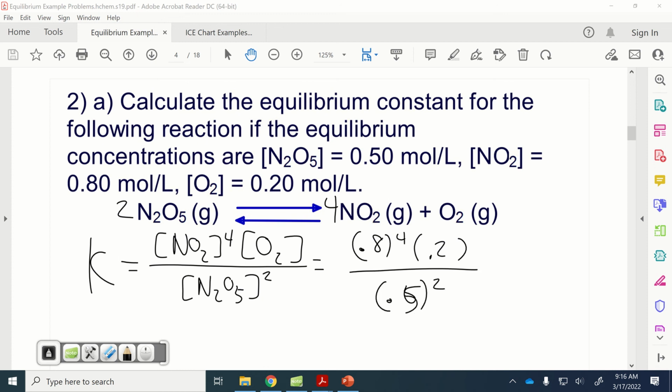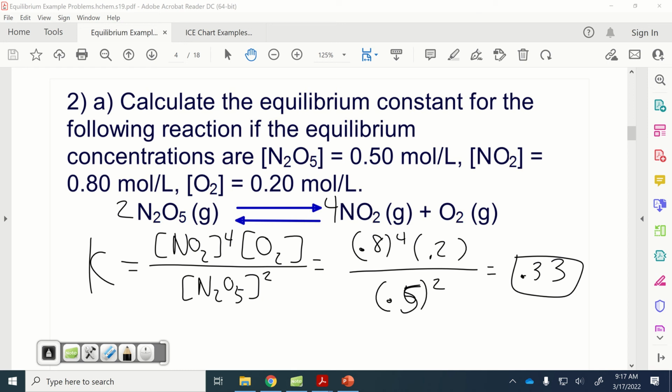And again, I'm using everything because there's no solids or liquids. So I need to do 0.8 to the 4th power times 0.2 divided by 0.5 squared. So I get an equilibrium constant of 0.33.